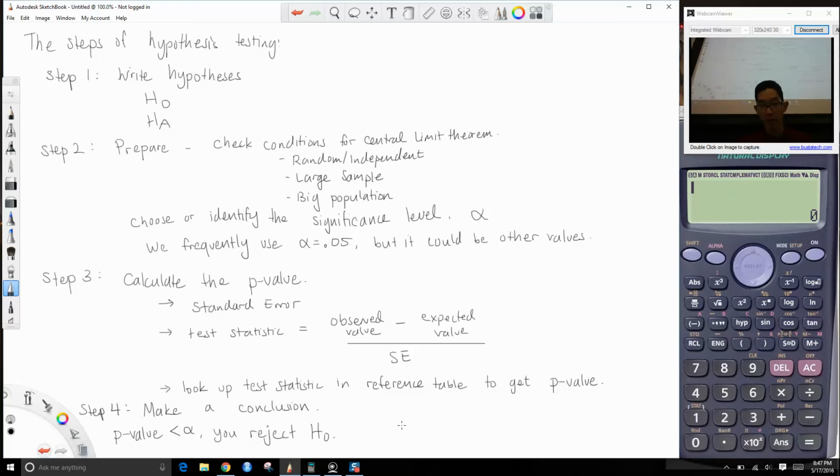And on the other hand, if the p-value is greater than alpha, do not reject the null hypothesis.